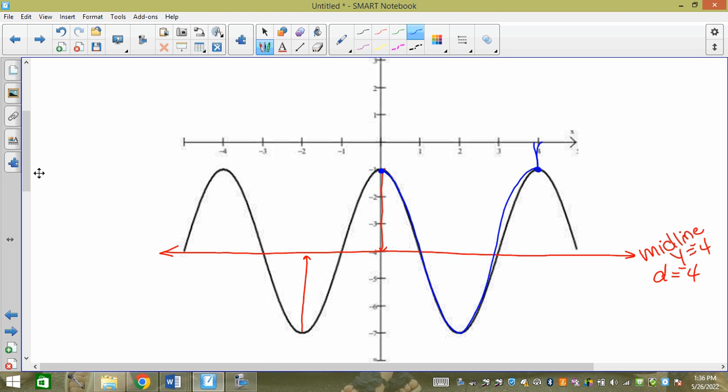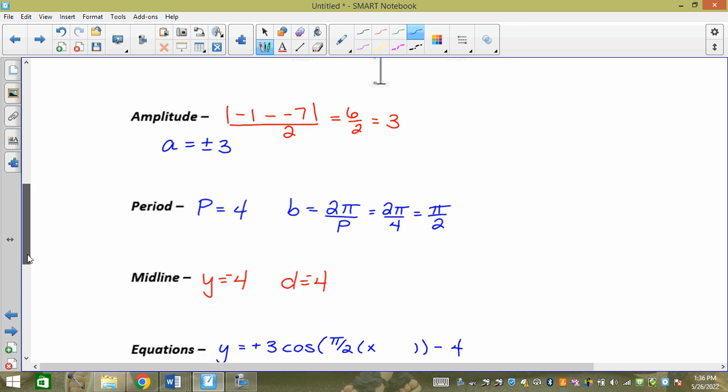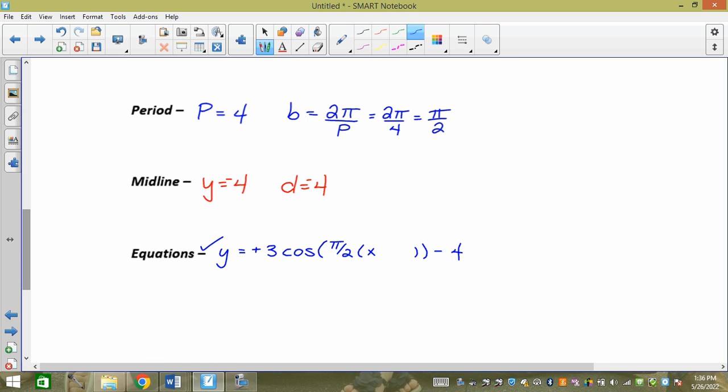No. Yes, but no. Where's my maximum? It's on the y-axis. So do I actually have to do the other ones where I'm moving 4 and 4? No. It's on the y-axis, so where do I need to move it? Nowhere. I'm done it. When there's a maximum on it, you're done. There's no C value. You're done. Okay? Next one.